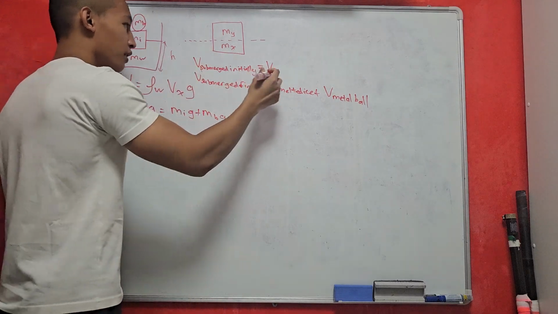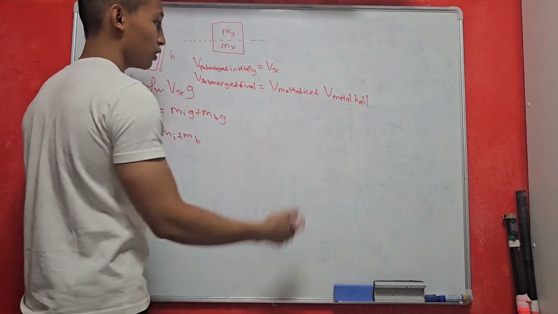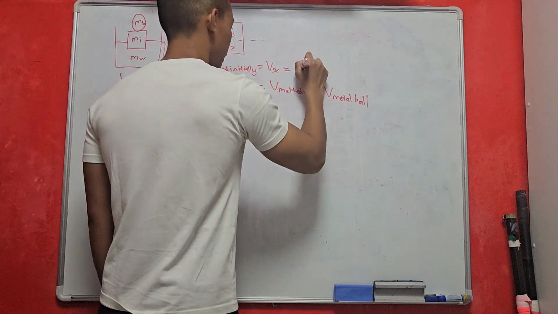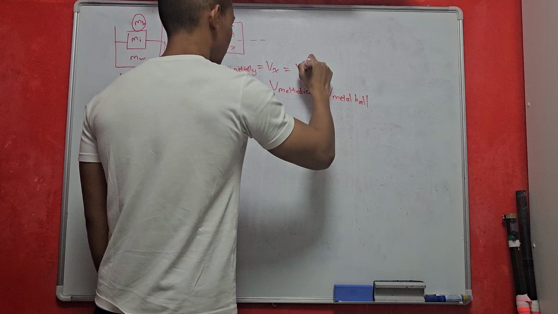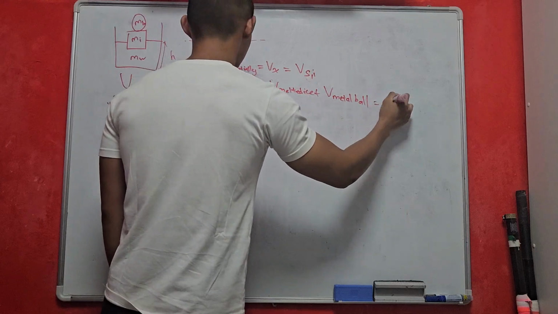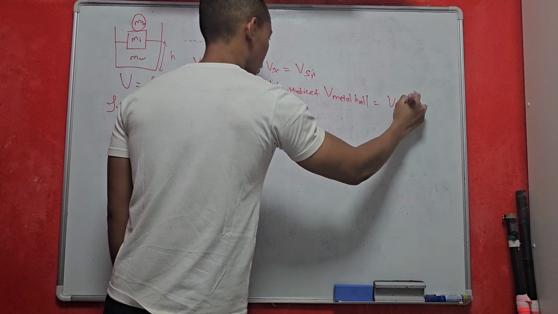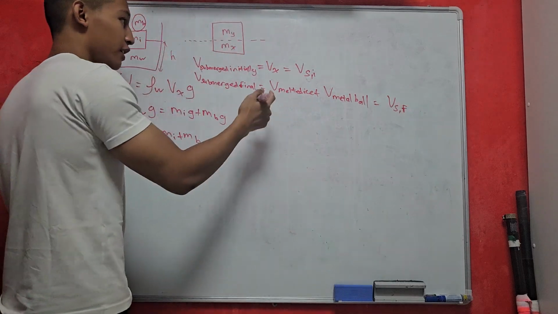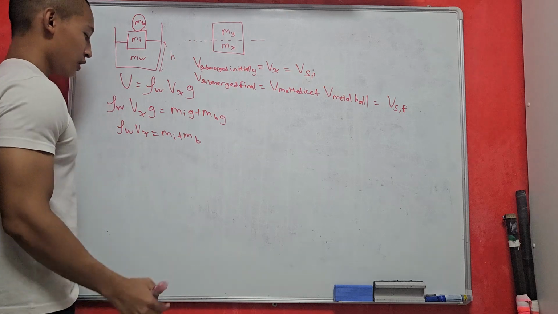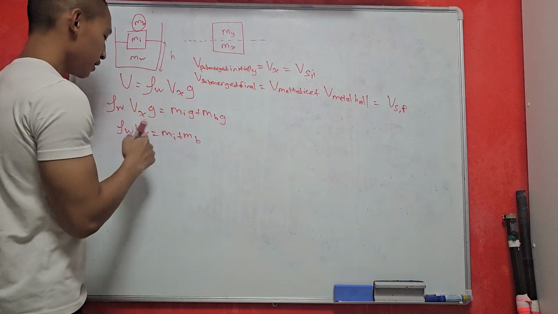So we are comparing which one is greater and which one is smaller. I'm just going to call this Vs,I, and this will be Vs,F. We want to find whether Vs,I is greater or smaller than Vs,F. And Vs,I is just this.